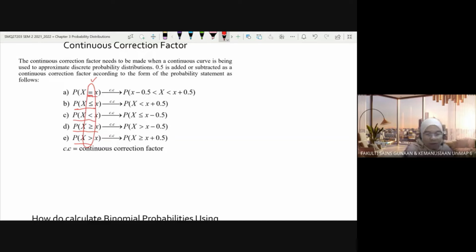For example, if we put x as certain value, let's say P(X = 6).